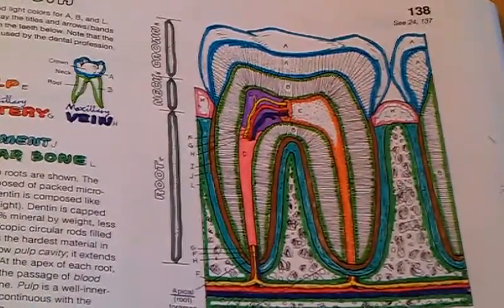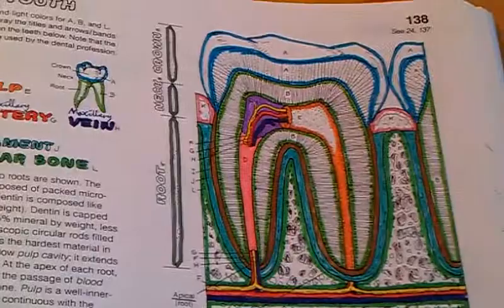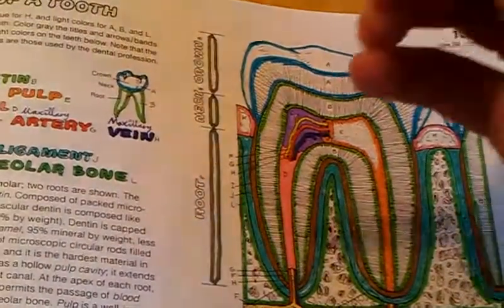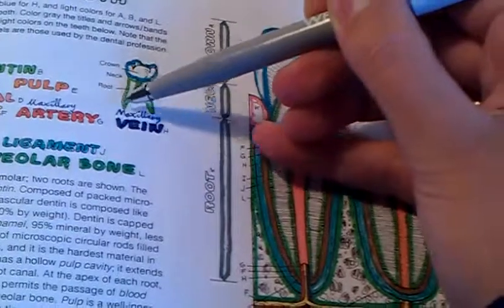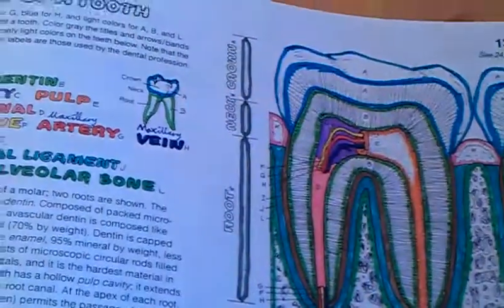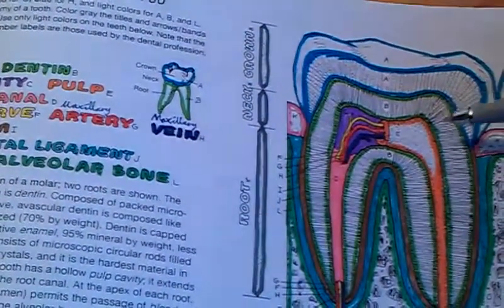Question 48. Teeth. Each tooth consists of a crown, a neck, and a root, and is made up of dentine.